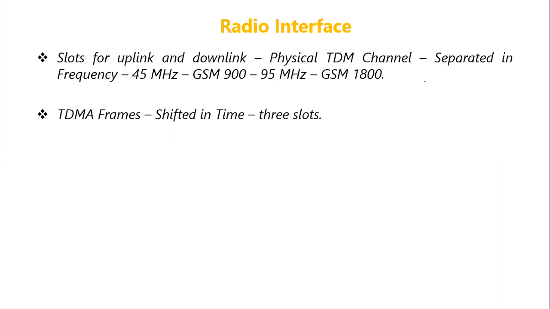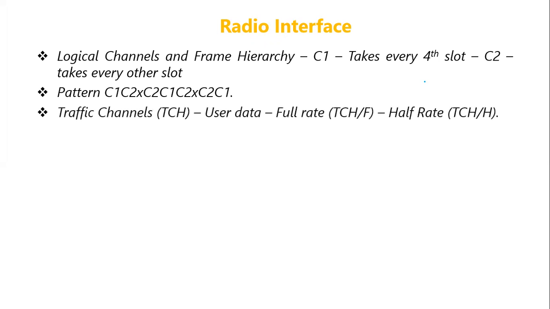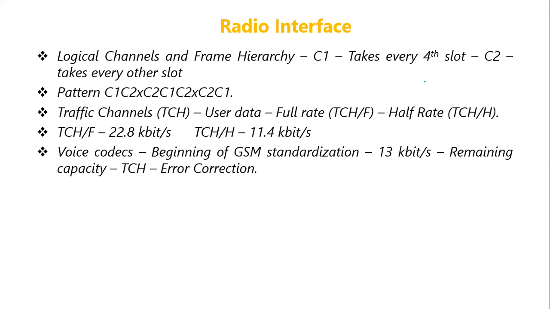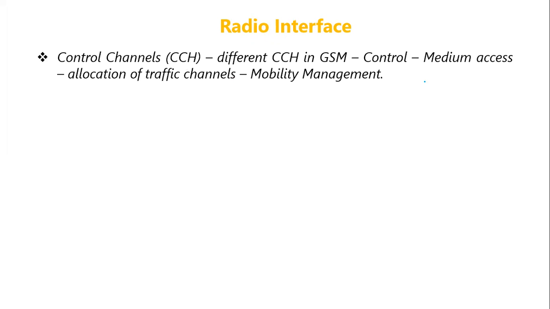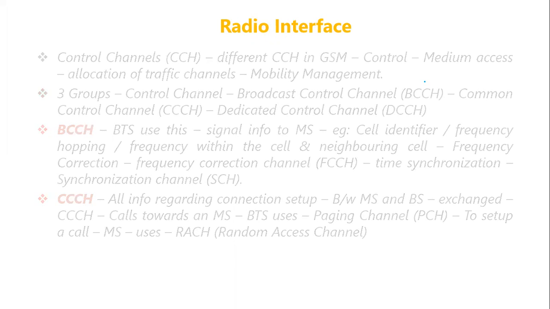Basically we have discussed the radio interface under several headings. The radio interface is referred to as the Um interface, and how it is implemented in GSM 900, 1800 and 1900, we have discussed.